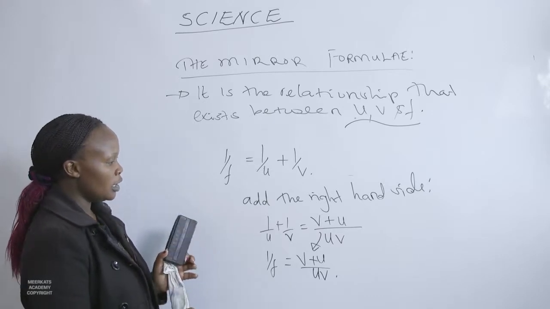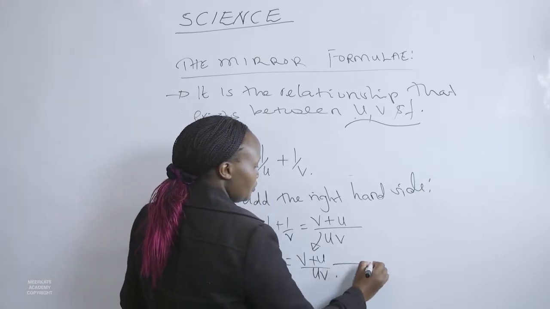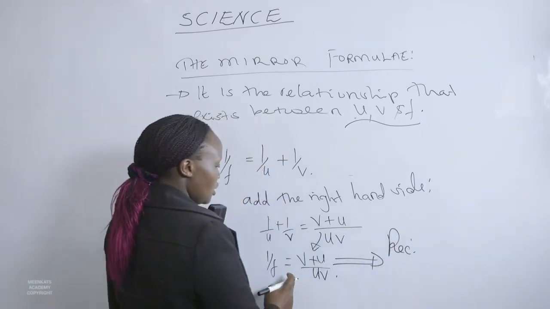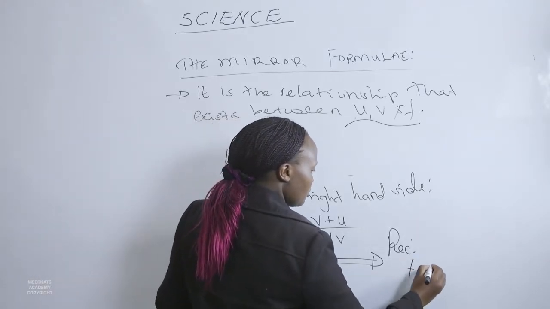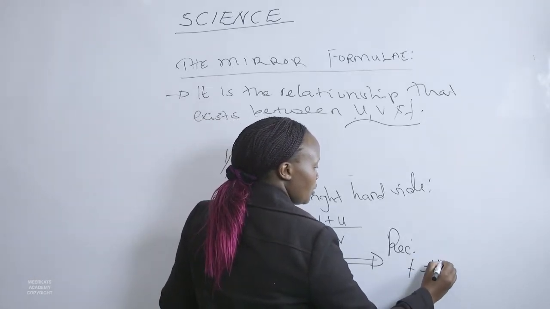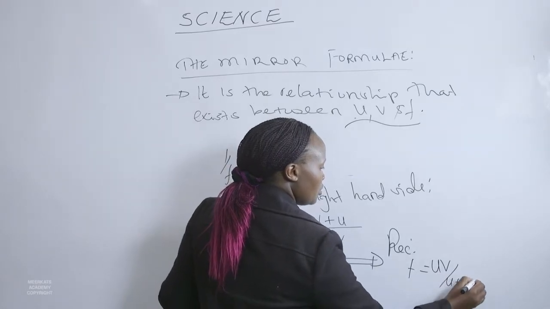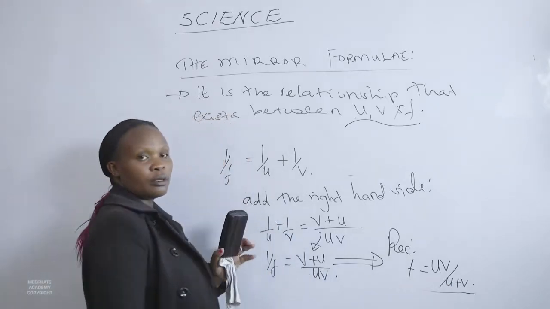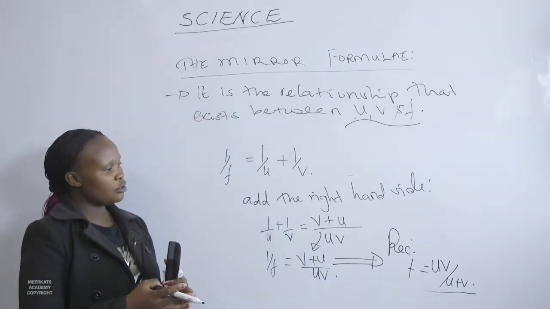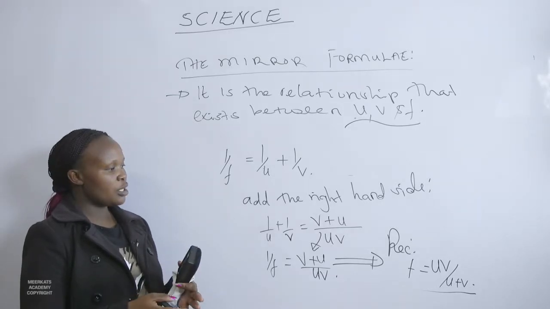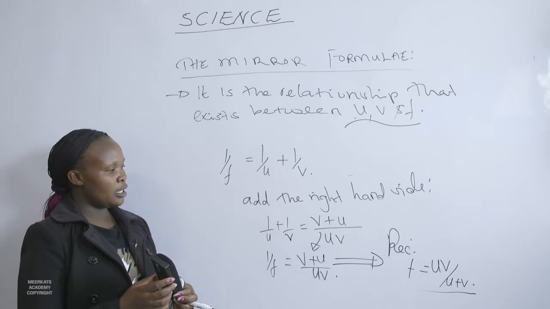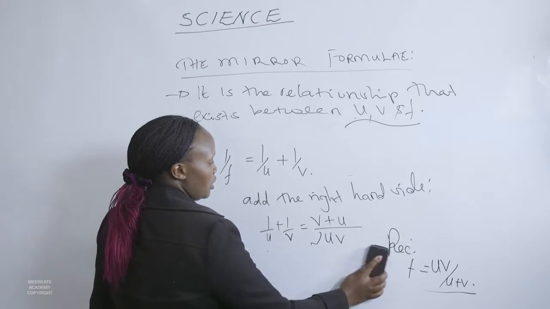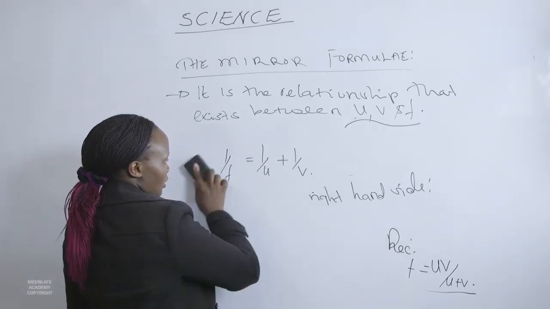Then we can get the reciprocal of this, so that now F becomes UV over U plus V. So from the mirror formula, we can also come up with a relationship between U and V, which we can use to get F, just like any other quantity that we could be interested in.